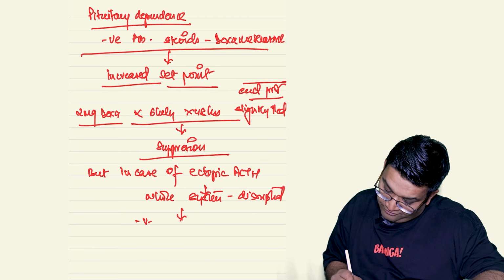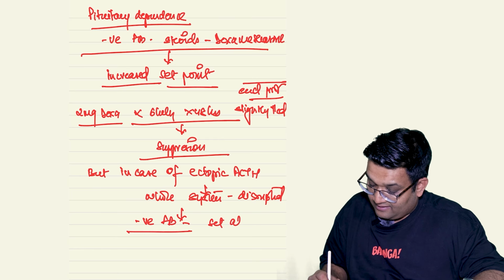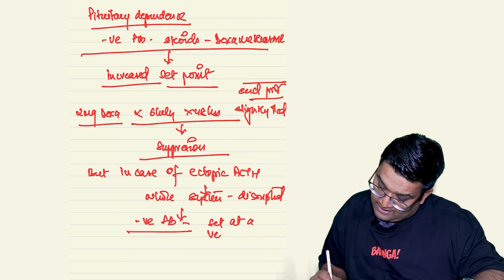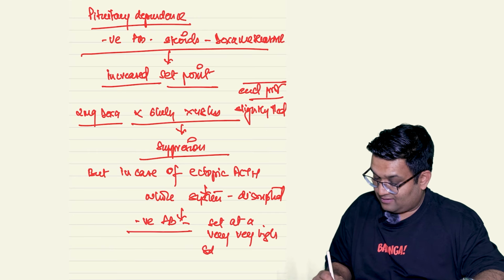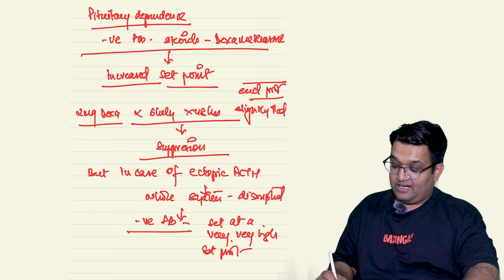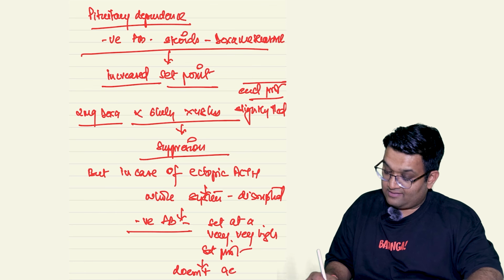So the negative feedback is set at a very, very high set point and hence does not get suppressed.